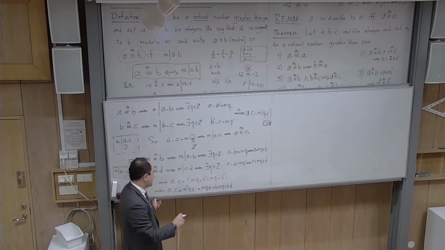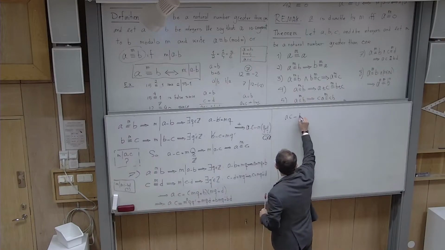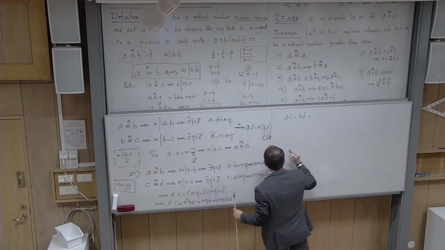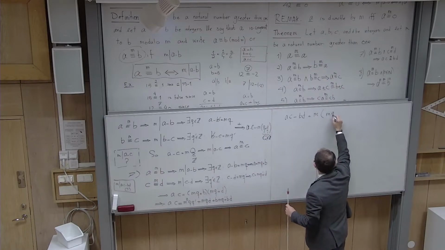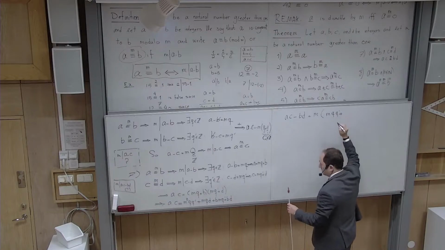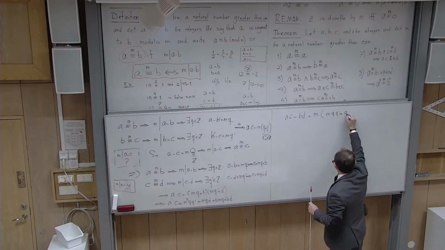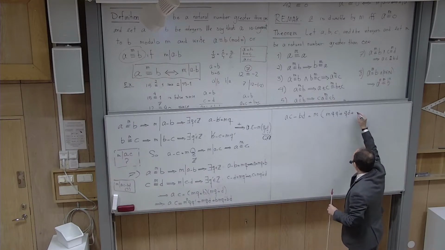I move bd to the left, so it becomes ac minus bd. And from these three terms, I factor one single m out. This becomes m q q prime, plus the next one becomes q times d, and the next one becomes b times q prime.